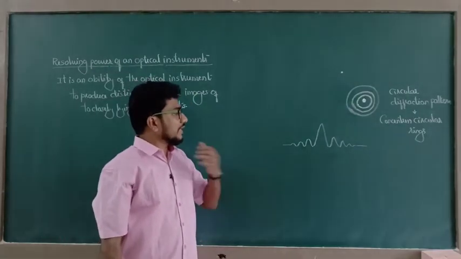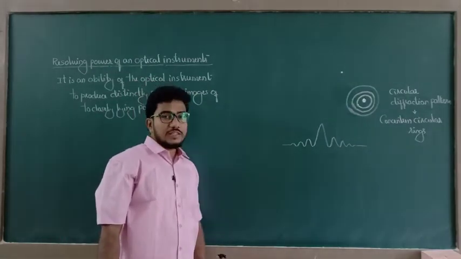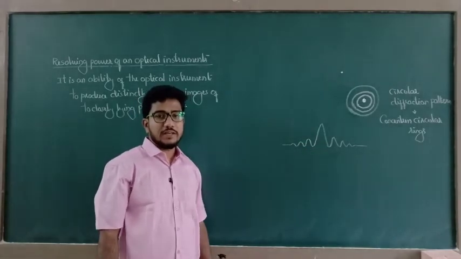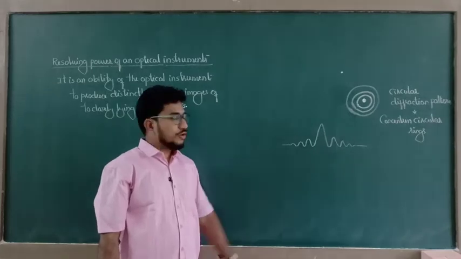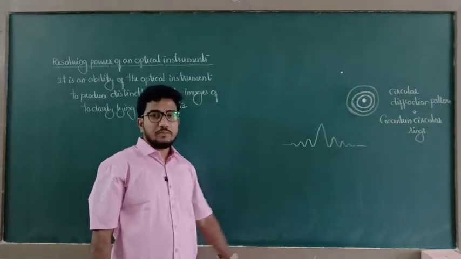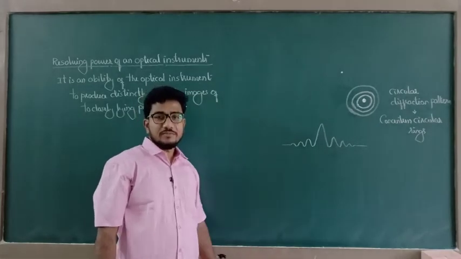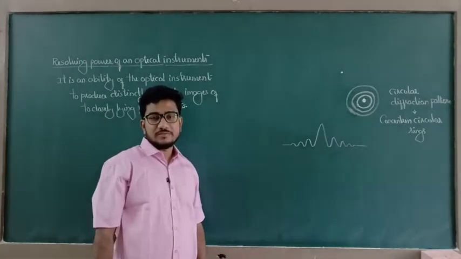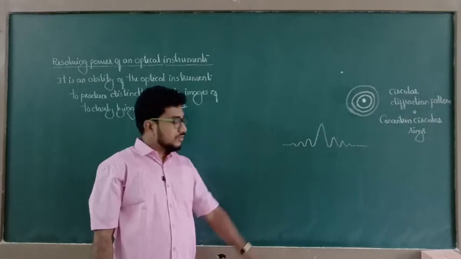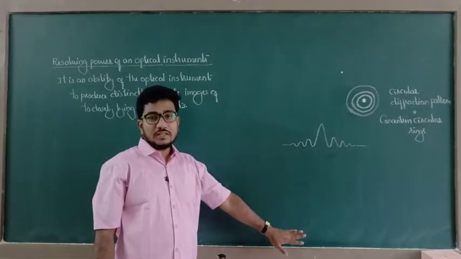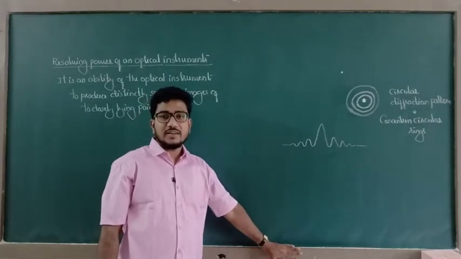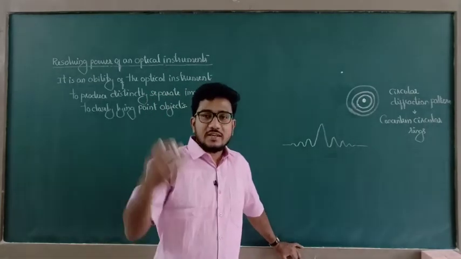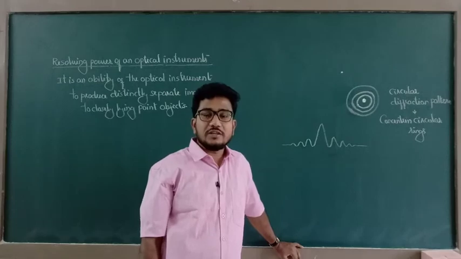So we can say when the point objects are well resolved, just resolved, or unresolved, depending upon the overlapping of these diffraction patterns. This case was studied by the scientist Rayleigh, and hence that is known as Rayleigh's criterion for resolution.